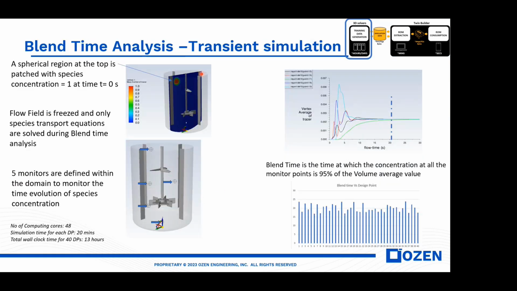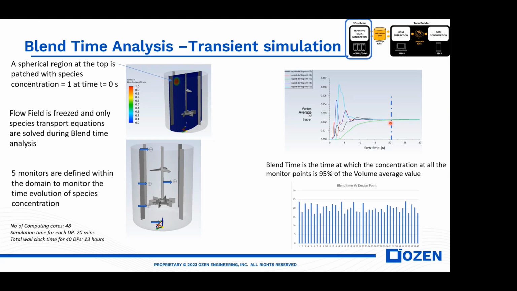In the Twin Builder model, now you have data which gives me the species distribution at the specific location. So I am patching the species over here, and then I'm looking at how the species distribution looks like at different sections. And when I look at the species distribution with respect to time, I'm looking for the time where all the concentration converges to the same value.